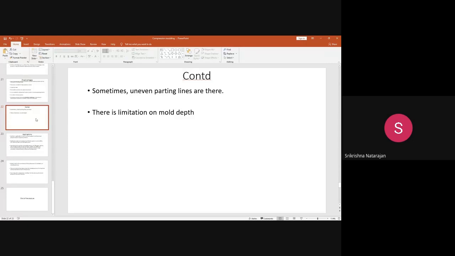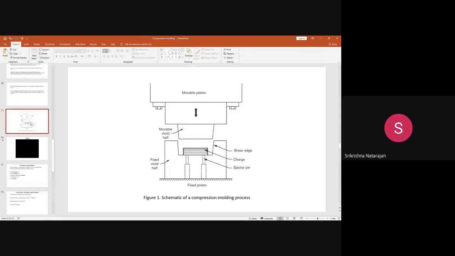And sometimes uneven parting lines are there. Uneven parting lines in the sense, for example, if you see this figure, if you want a particular size, sometimes you may not get an accurate size. For example, this is one big BMC you are keeping.